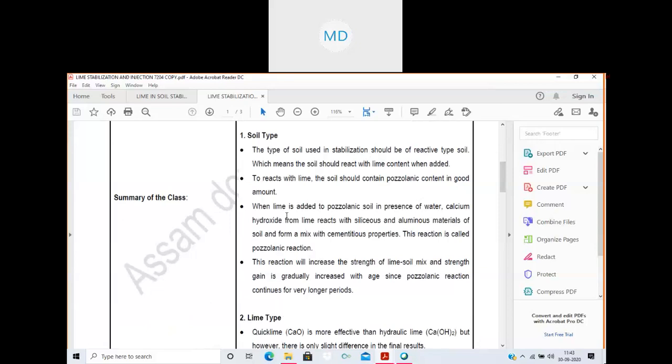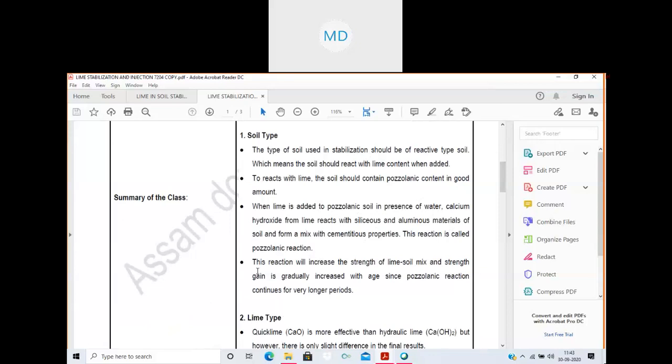When lime is added to pozzolanic soil in presence of water, calcium hydroxide from lime reacts with siliceous and aluminous material of the soil and forms a mix with cementitious properties. So when this lime reacts with this pozzolanic content, it will form cementitious properties. This reaction is called the pozzolanic reaction.